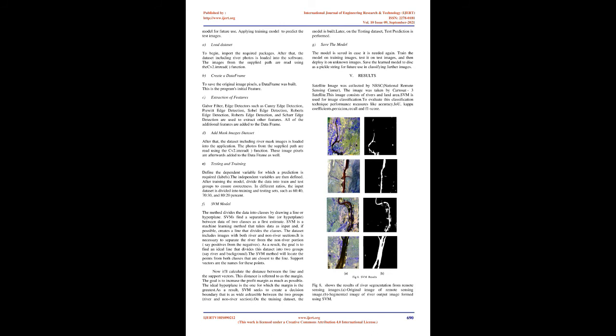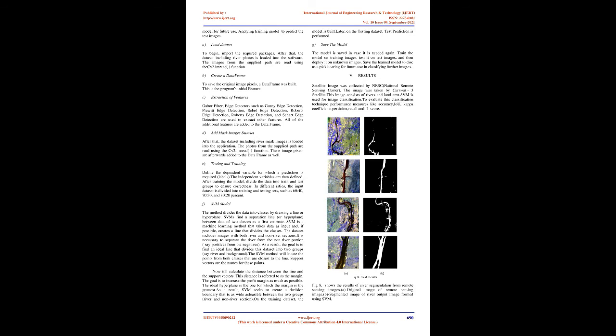SVM model. The method divides the data into classes by drawing a line or hyperplane. SVMs find a separation line, or hyperplane, between data of two classes as a first estimate. SVM is a machine learning method that takes data as input and, if possible, creates a line that divides the classes.